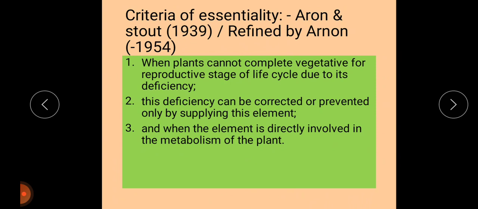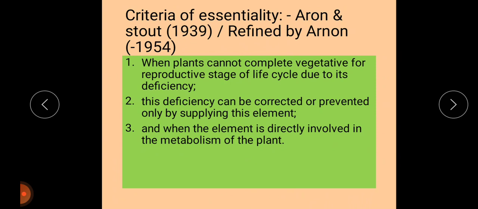The second criterion of essentiality is that the deficiency can be corrected or prevented only by supplying that nutrient. Any deficient nutrient we can apply to the soil, and it will easily recover the deficiency of that particular nutrient.